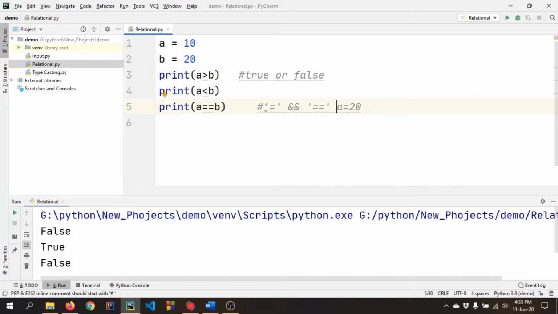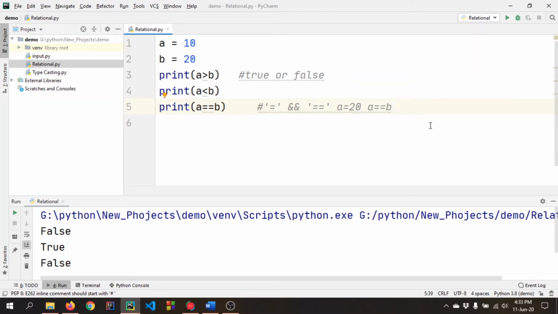A single equal symbol means we are assigning a value to a variable. But double equal means we are comparing whether a equals b or not, whether a and b are similar or not. So single equal means assign, and double equal means checking if they are equal or not.